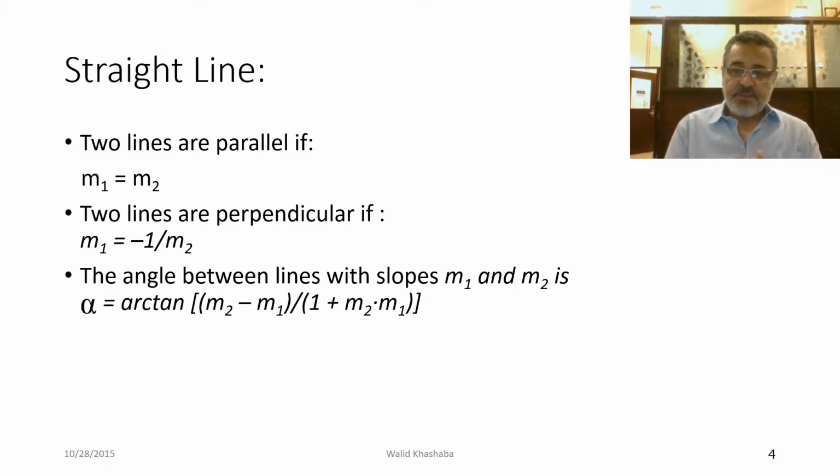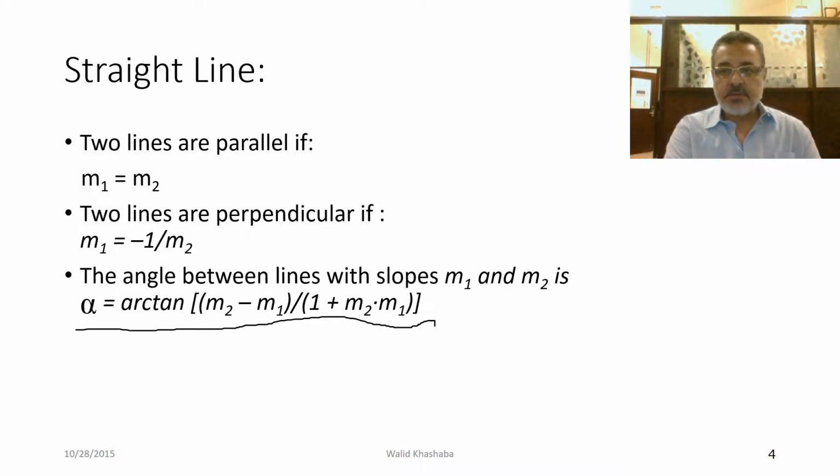This is if these two lines are perpendicular, but if they intersect and the angle between them is not 90 degrees, we can find the measure of this angle using this equation.